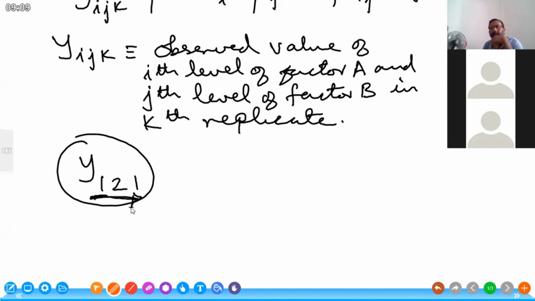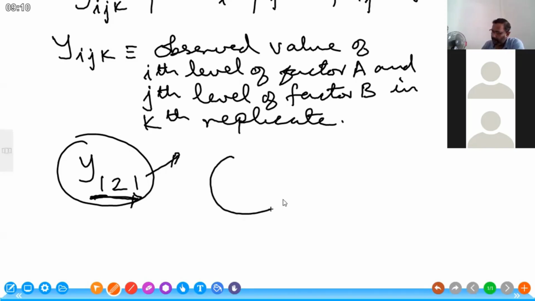Start from this direction, that is easy. Observed value of first level of factor A and second level of factor B in first replicate. Good. So that is how you explain this, right?